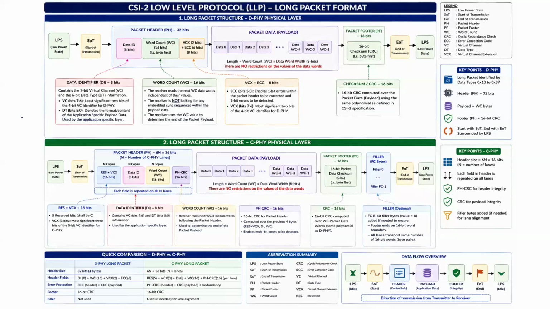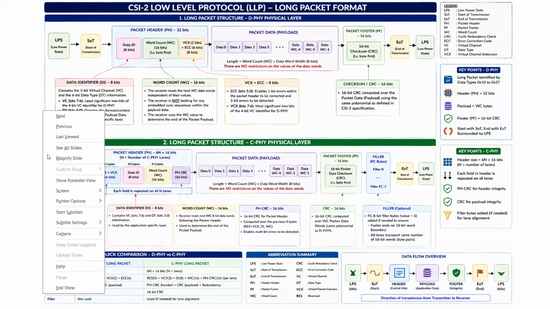Same thing you can imagine here: you are sending a large parcel of data, so we use the long packet structure. Why do we go for the long packet structure? Because more data is transferred from the transmitting side to the receiving side.